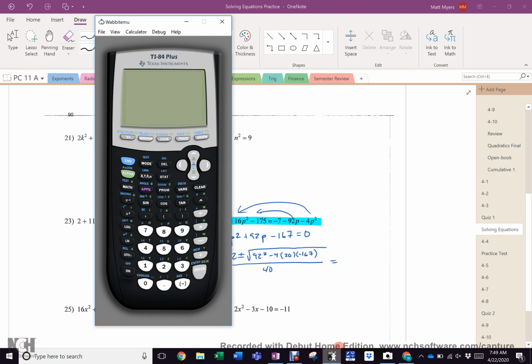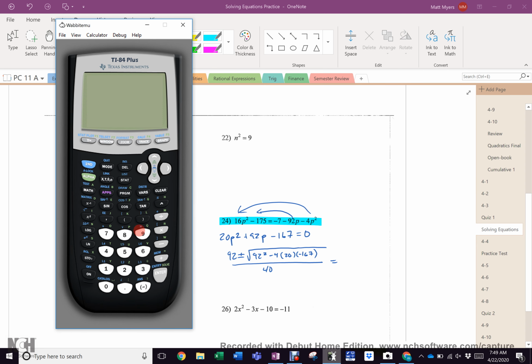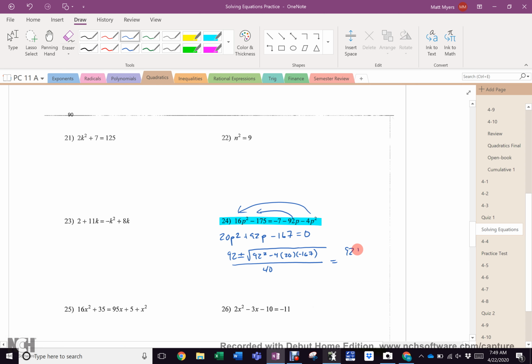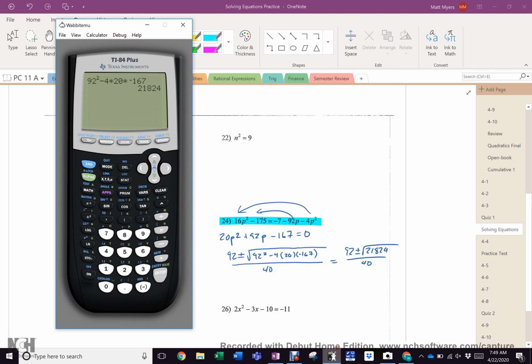Tidy that up with your calculator. 92 squared minus 4 times 20 times negative 167 is 21,824. So 92 plus or minus the root of 21,824 over 40. Then I go back to my calculator to see if that has a square root.